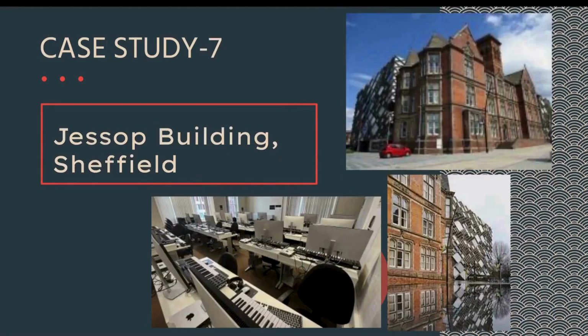This is another case study about adaptive reuse: the Jessop Building. The Jessop Building is also located in Sheffield in the university area. It has a different kind of adaptive reuse: retrofitting. As you can see, the facade before was like this one.